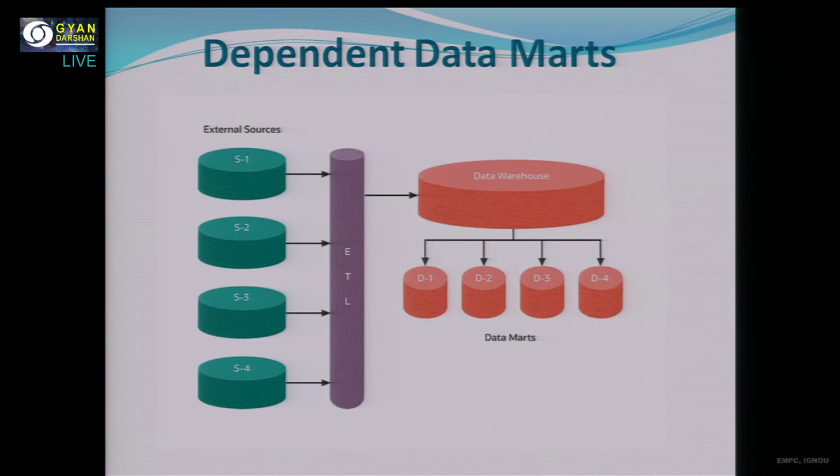Data mart 1 is created, 2 is created, 3 is created, 4 is created. So altogether, the data marts are completely dependent on the centralized repository called the data warehouse. The name itself says that all the data marts are dependent on the centralized data warehouse.